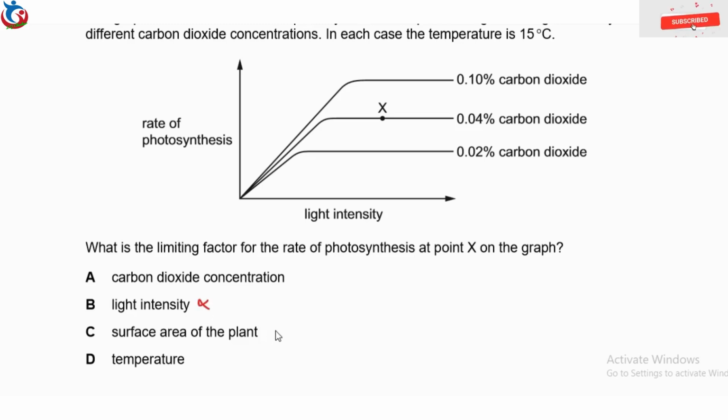Surface area, they are using the same plant, and not temperature. In each case, they are exposed to the same temperature of 15 degrees Celsius. So the only factor here that can affect it is the carbon dioxide concentration. That makes option A the correct answer. So we'll now move to question 12.